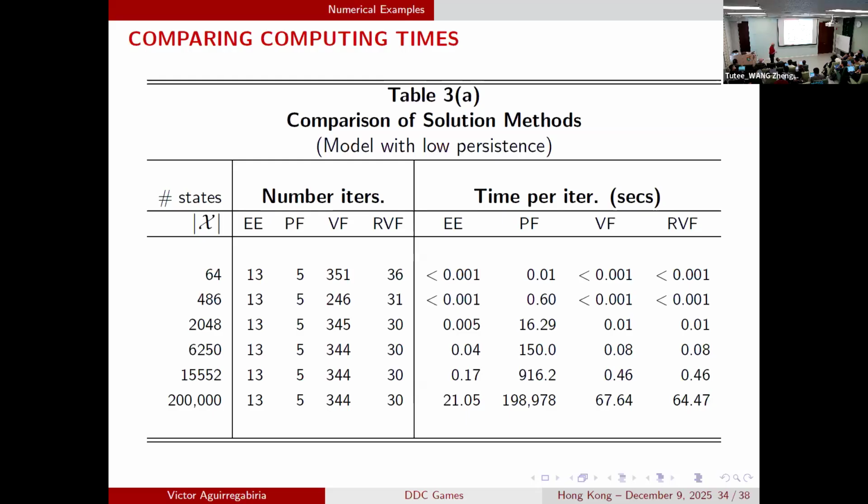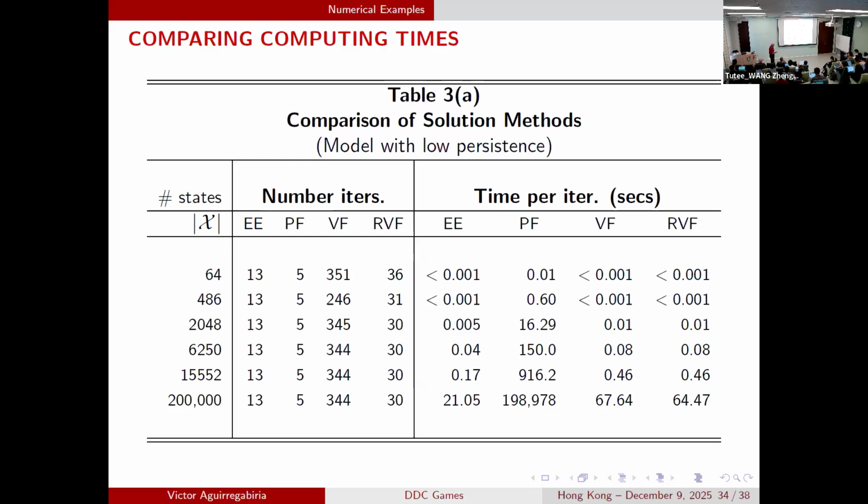Now, in terms of the cost per iteration, you can see also that, in fact, our approach implies a slightly smaller cost per iteration than value function iteration or relative value function iteration. You can see that for policy function iteration, this increases very fast as we increase the state space.